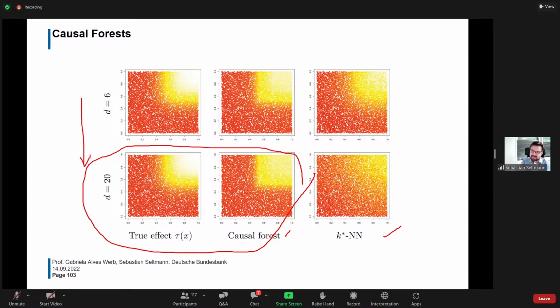the idea is to find samples that are as similar or as close to each other as we can, and then determine the effect between those very similar samples, either with the treatment or without the treatment. Both k-nearest neighbors and causal forests are ways to find samples that are very close or very similar.